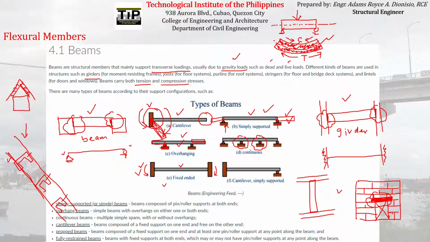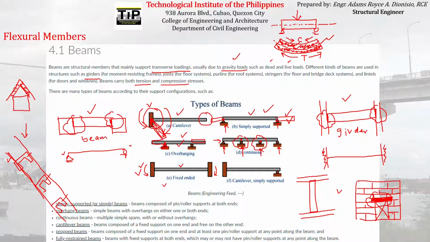Ito, indeterminate na to. Kasi, ilan yung unknown dito, supposedly? More than 3 na. Ayan, 4 nga dito eh. Actually, 5 pa yan. Kung merong horizontal force na apply dito, maglilima pa yan. So, indeterminate na yan. So, nagkaroon ng redundancy na tinatawag. So, nagkaroon ng redundancy dito sa point na to, tsaka sa point na to. So, yung dalawang support na to, redundant. So, when we say redundant, supposedly, hindi naman siya talaga kailangan.